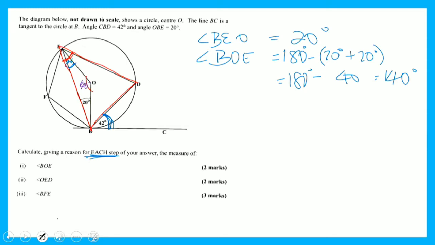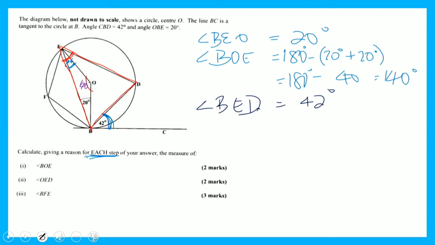Now you have to say to the examiner that angle BED is 42 degrees. How do you know that? You write at that point that angle formed between the tangent and the chord is equal to the angle formed in the alternate segment.